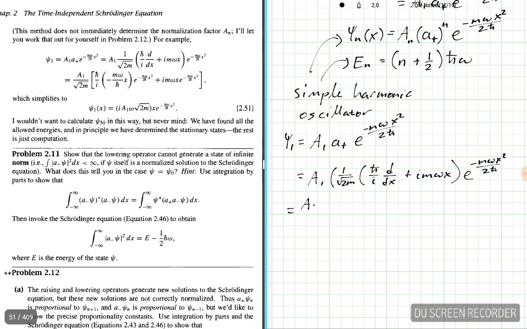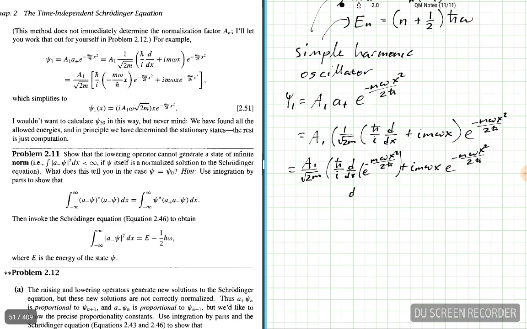So that's going to equal A1 over the square root of 2m, and then we have h bar omega, d/dx of e to the negative m omega x squared over 2 h bar, plus i m omega x times all this guy. And then we can just take the derivative of that.